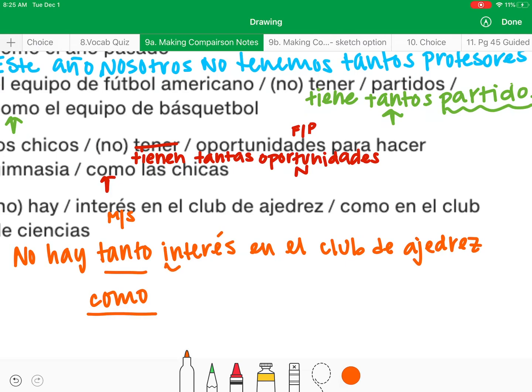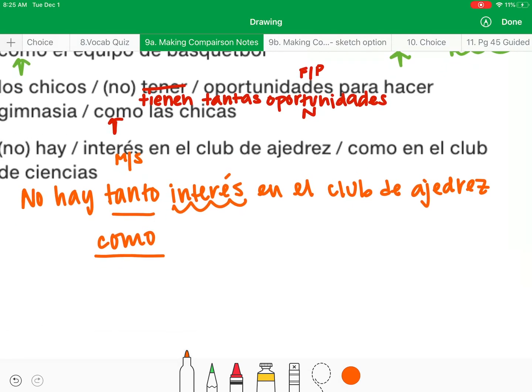Okay, so we've got tanto, your noun, como, en el club de ciencias. Okay, so there's not as much interest in the chess club as there is in the science club.